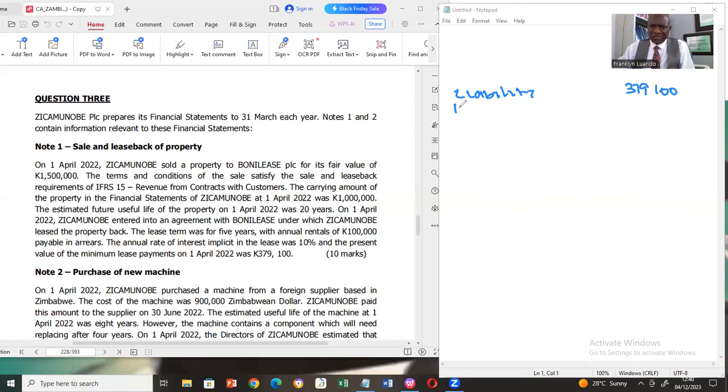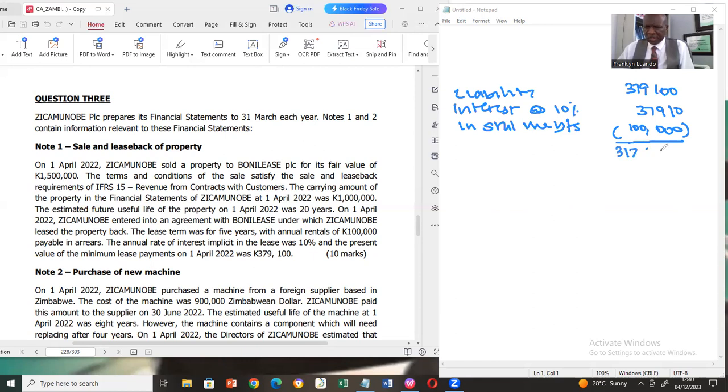Add interest at 10%, which is 37,910. Less installments in arrears. The installment we are given is 100,000. There we have 317,010.